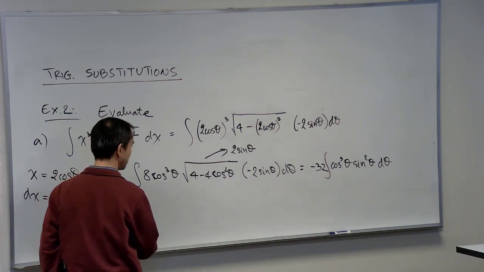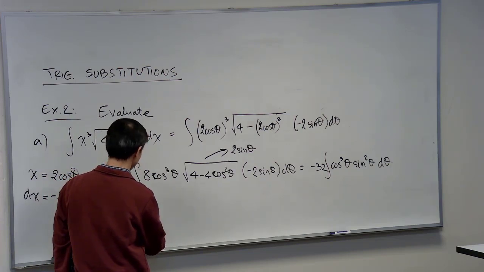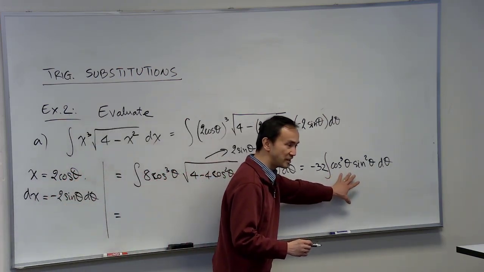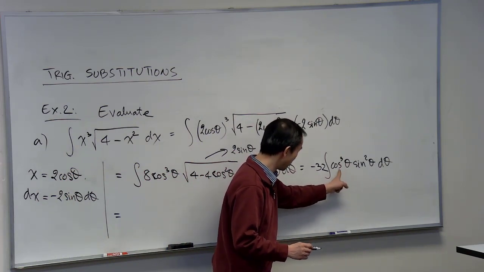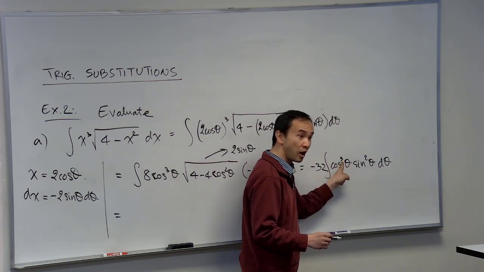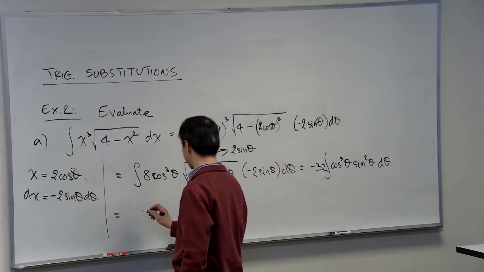Right, so now in the next step, we bring in that learning we had earlier. It's a cosine and sine, some power of cosine, some power of sine. This guy here is odd, so we separate one of that guy out. So we're going to make it minus 32.